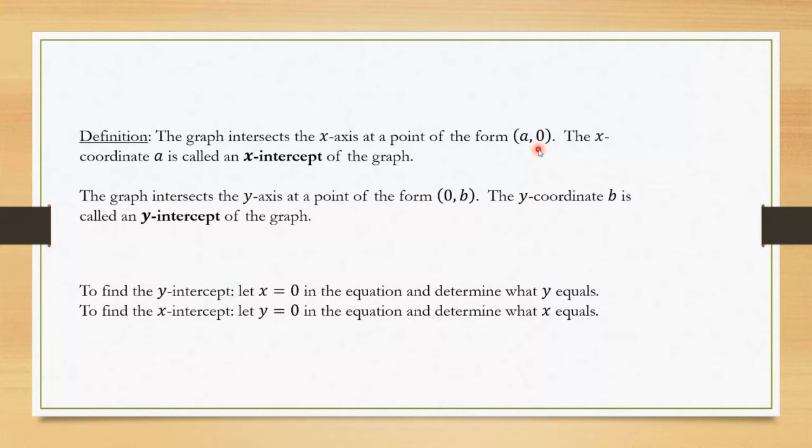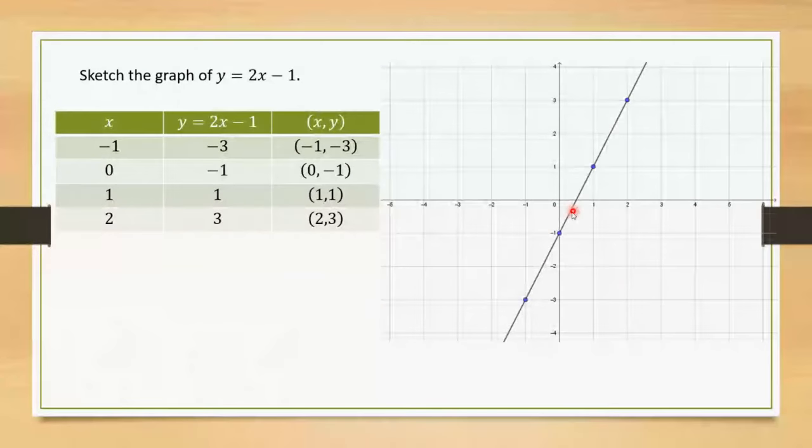So in other words, when you have a graph cross the x-axis, the y-coordinate has to be 0 at this point. That kind of makes sense because to be on the x-axis, when you're plotting a point, you can't go up or down. Your y-coordinate has to be 0. Remember, the y-coordinate tells you how high up or down you go. If it's 0, you're not going up, you're not going down, you're stuck on the x-axis.